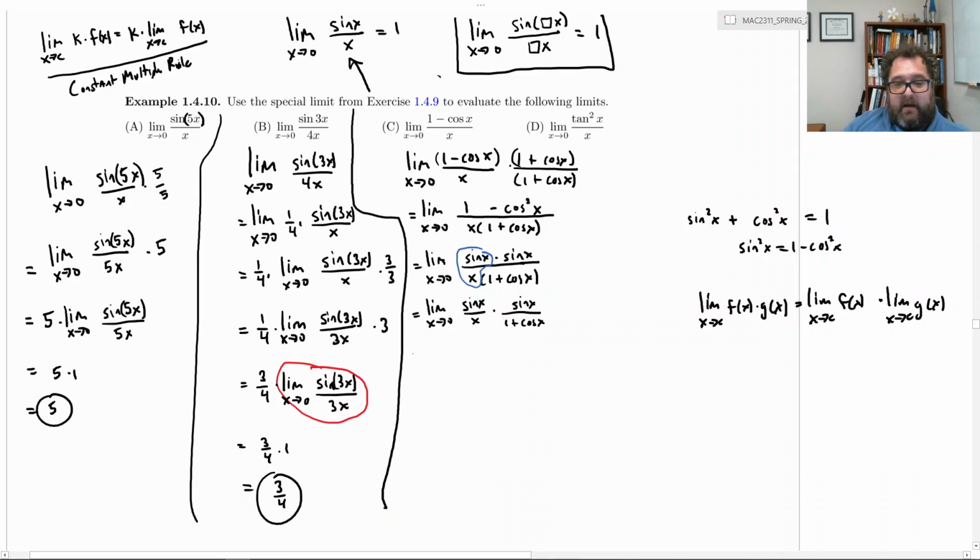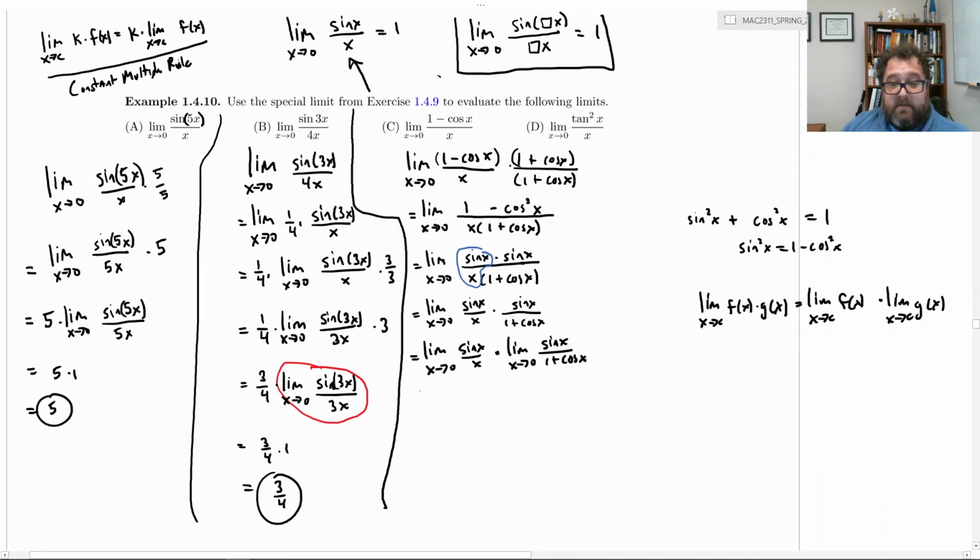So going back over here now, I can say this is the limit as x approaches 0 of sine x over x times the limit as x approaches 0 of sine x over 1 plus cosine x, provided those two limits exist. I know the first one exists for sure because I know that it's equal to 1.